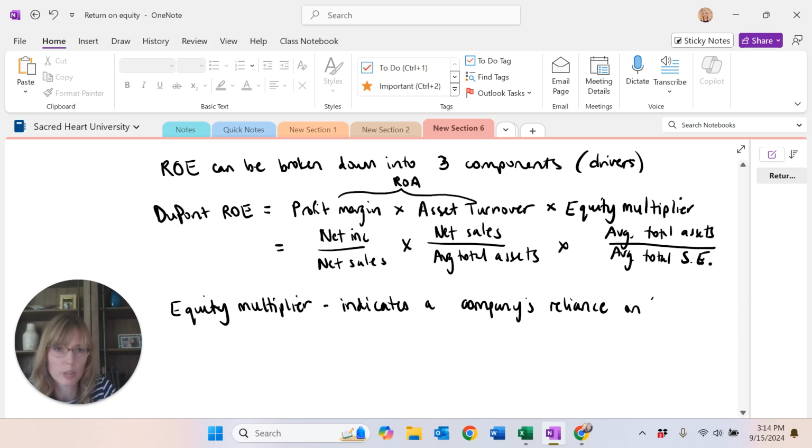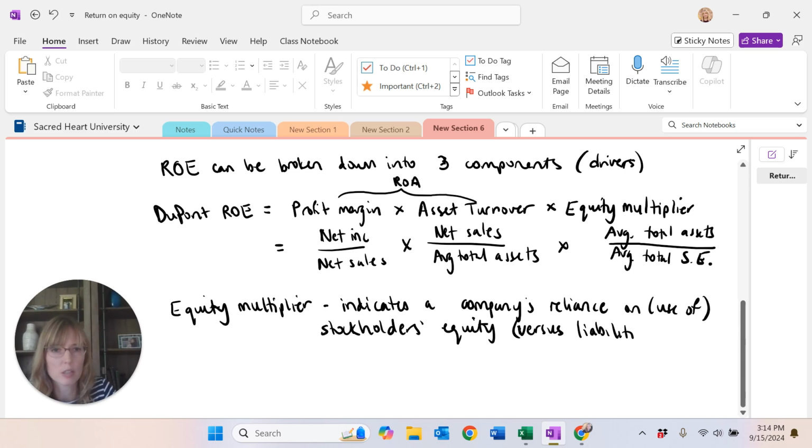Reliance on or use of stockholders' equity to finance assets, as compared to or instead of or versus liabilities. Companies are going to use some mixture of liabilities and equity to finance their assets.